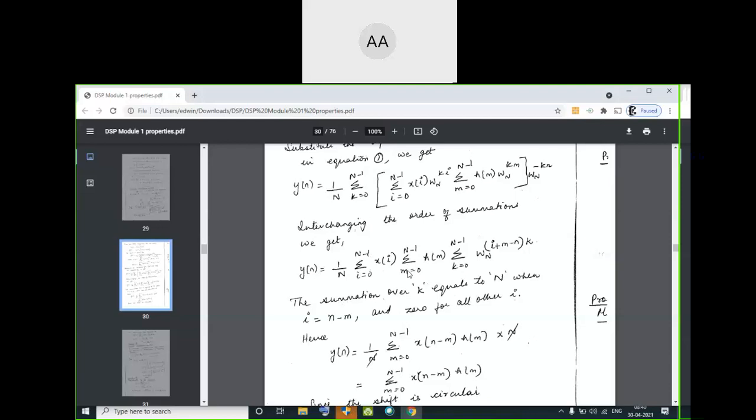Here, why we are not doing it is, what is your goal? You ultimately want this expression, x of n minus m. So if you want this, if you change the limit, you won't get the 0 to n minus 1 term. To get it back again, you may have to introduce one more variable. You can try it out and see. When you change the limit, see how this expression changes.